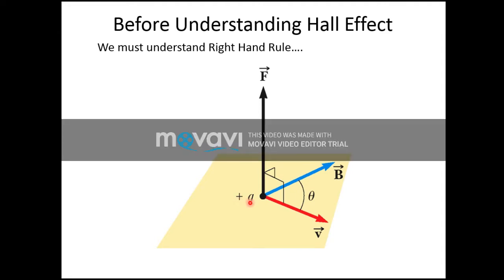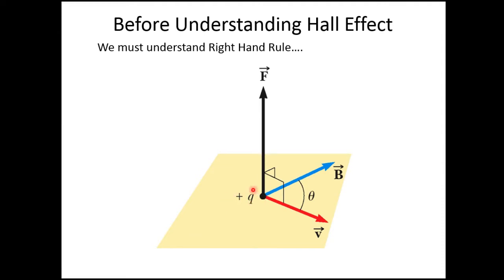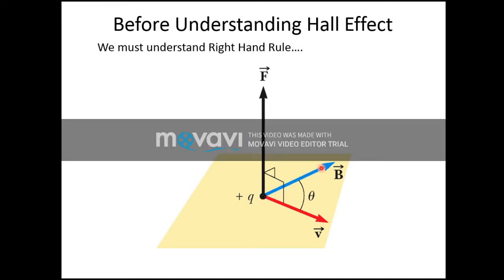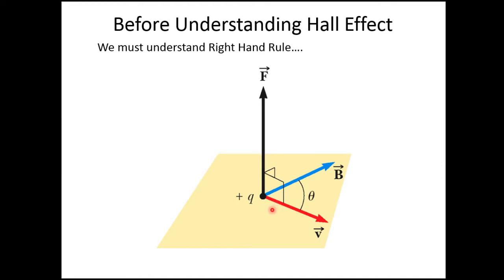According to this rule, you open your right hand in such a way that your thumb is in the direction of the plus charge q, so the direction of v is the direction of the thumb. Then your fingers are in the direction of the magnetic field. Then your palm gives you the direction of the force. So this is the right hand rule. In this direction of force, the positive charge will move.